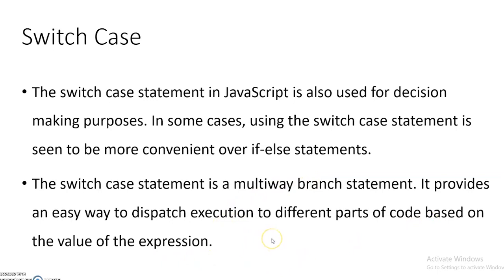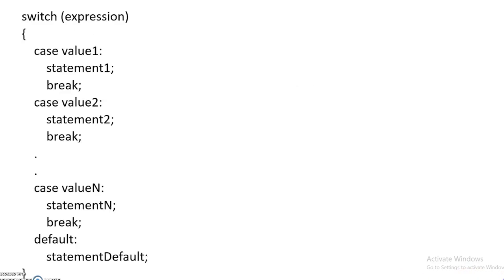There is only one expression, and based on its value there can be multiple decisions. Multiple cases are there. Here, switch expression, then case value 1, value 2, and so on up to value n, and default. This is the syntax of the switch statement.